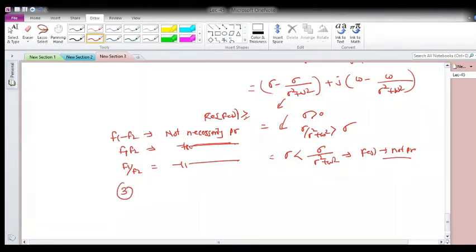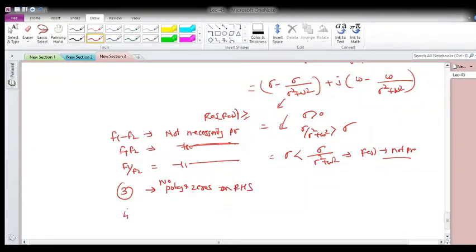The third property says that the poles and zeros of the function, if it is PR, cannot have a positive real part. It means that they cannot lie on the right hand side of the s plane, otherwise the network will become unstable. So there are no poles and zeros on the right hand side of the s plane.